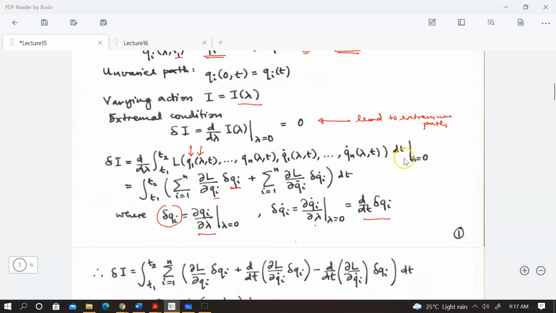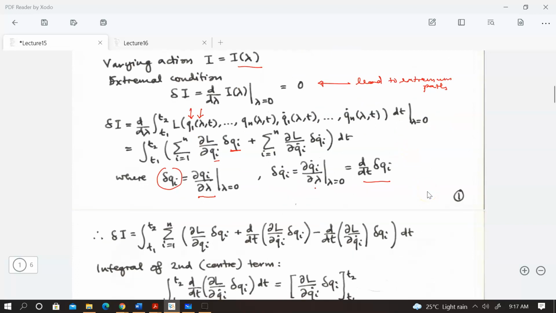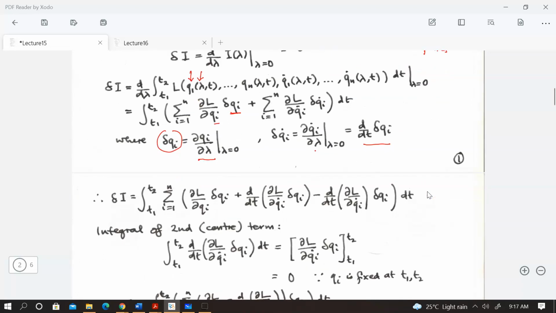So we plug those things in, and if you do that, you'll see that it depends on two different variations. One is delta q, the other is delta q dot.